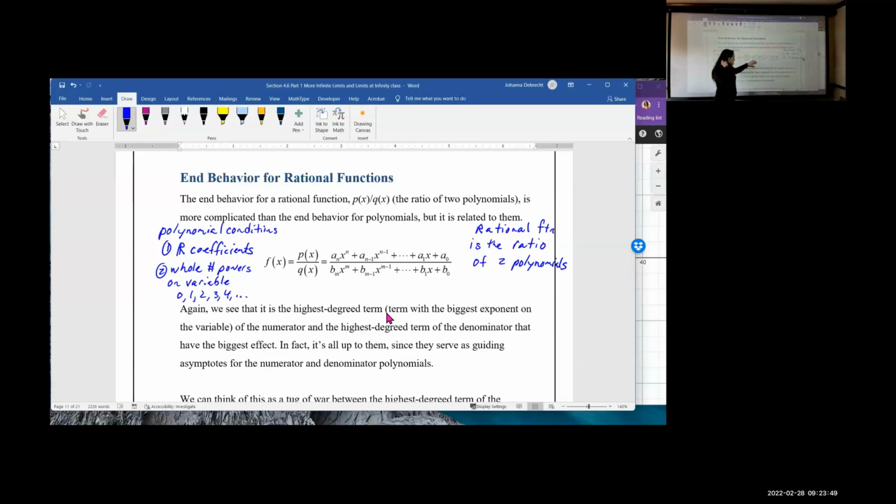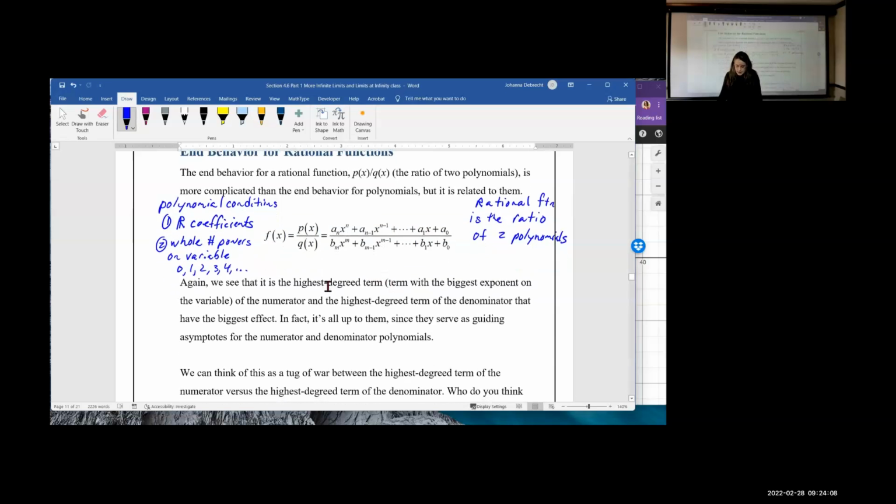And so when we're looking at that, we can assume then that as we have a rational function, the ratio of two polynomials, that the end behavior is going to be dictated by the highest degree term in the numerator and the highest degree term in the denominator. And that's exactly what happens.